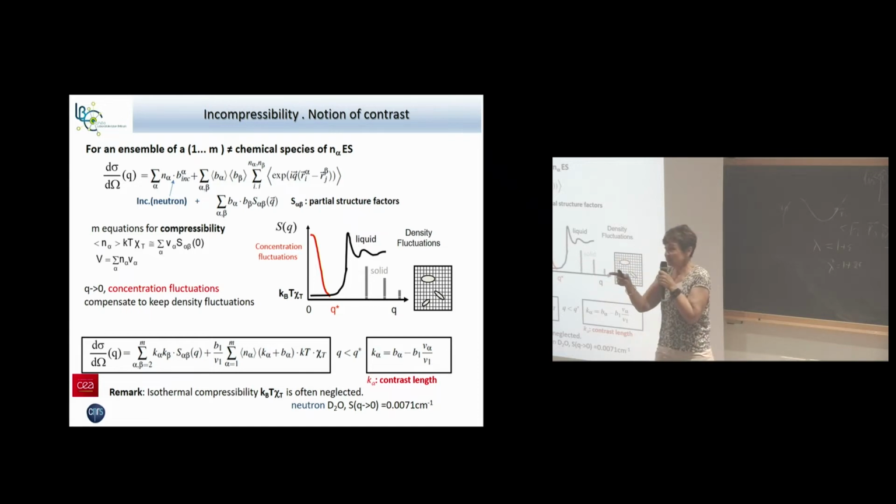It refers to the question that you asked a few minutes ago. It is a difference of the scattering power of one elementary scatterer with respect to that of the solvent, for example. Question? Are we talking about a dilute system? No, any kind of system.